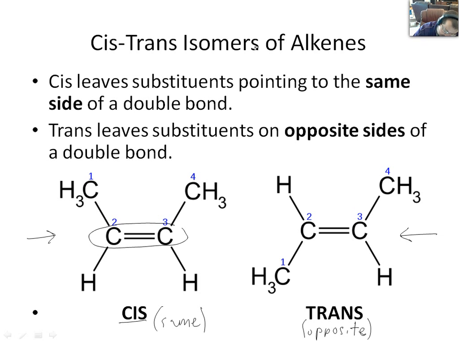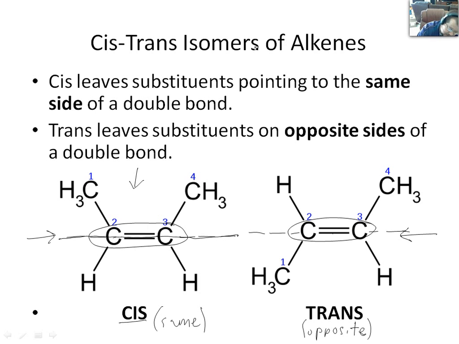Here, I've got my double bond in each. So if we draw an imaginary line along the length of that double bond, we end up with something like this. Now just focusing on this left molecule for a moment, the cis molecule. Now we drew a little wall along the double bond.